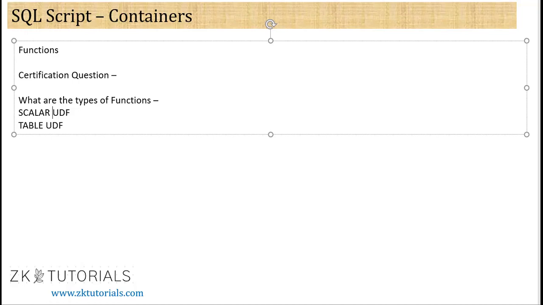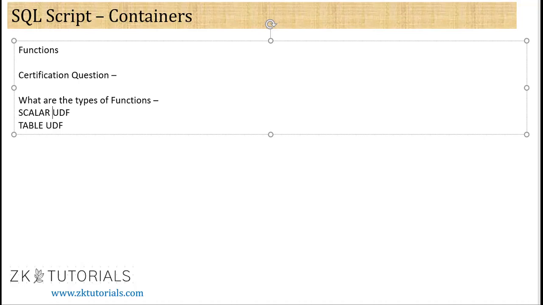Remember, again I repeat, a function always returns one value. There is no possibility of a function that does not return something, but it always returns one value. That value can be a single value or a table of values.